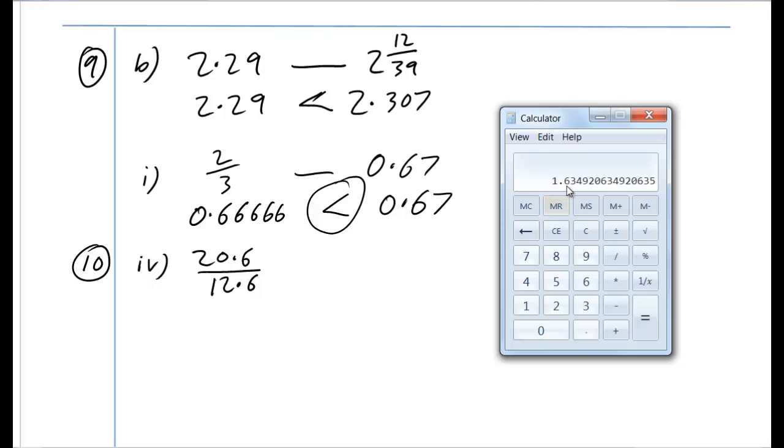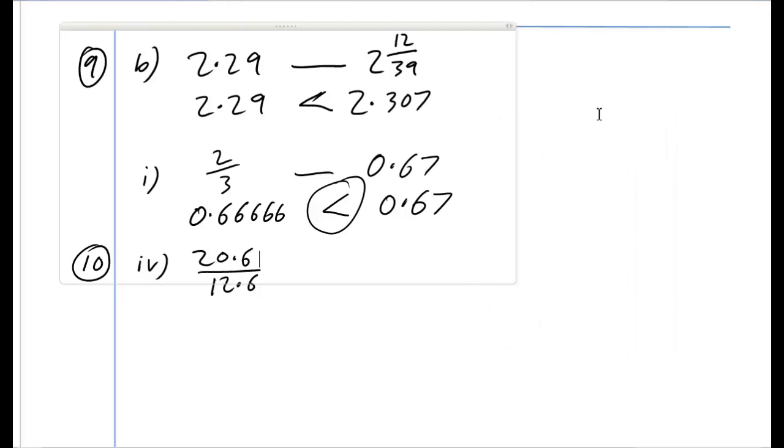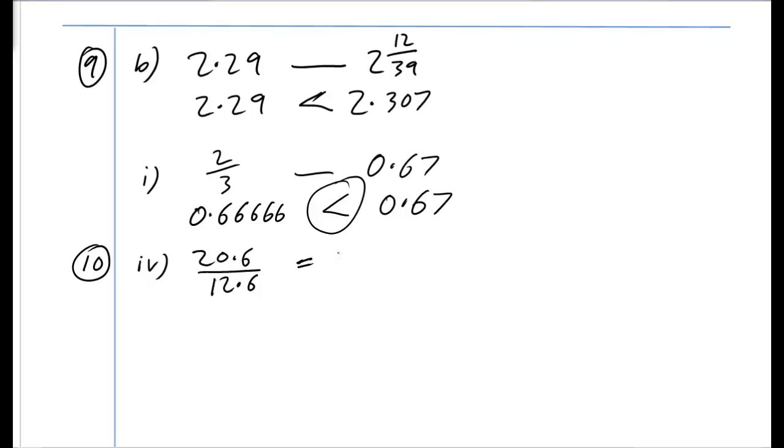It's 1.635. I'll round that off. So that will equal 1.635. Now that's actually 1 and 635 over 1,000. And then 5 goes into 635, I think, yes.